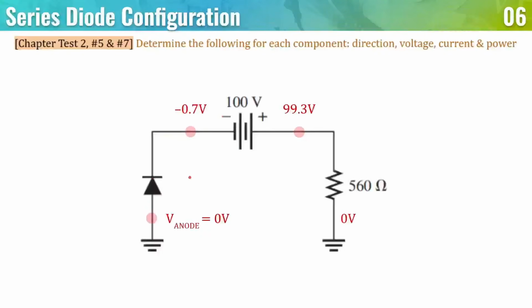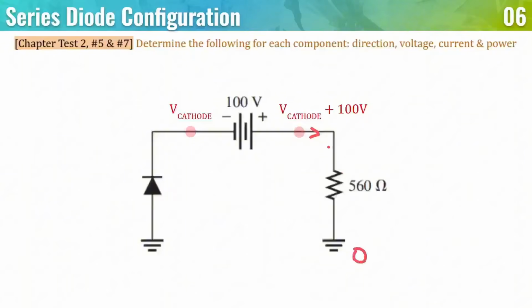So assuming that the diode is on, before we assume that the diode is on, we need to look at the direction of the current. This is just one line, and we can see that this is most likely to be a positive one. So if this is a positive voltage and this is 0, it's going to flow from that direction going down to here.